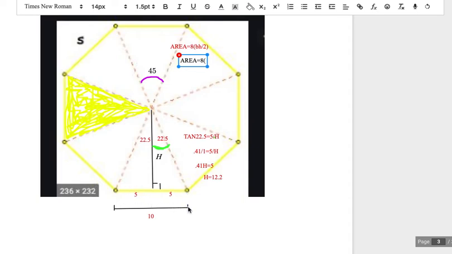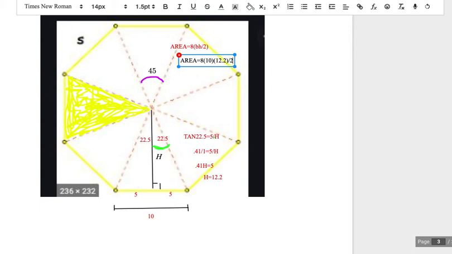It's not 5, it is 10, because remember, I'm finding the area of this triangle. So that's my base. My base is 10. So I'm going to put 10 times the height, which was 12.2, and then divide by 2.